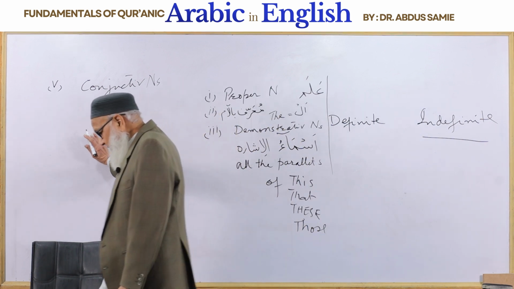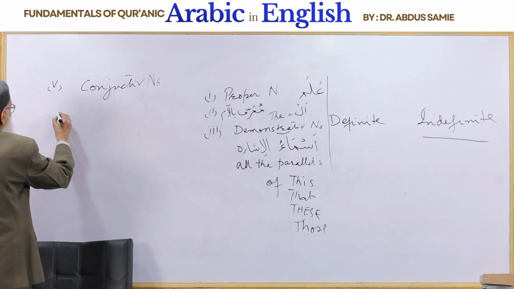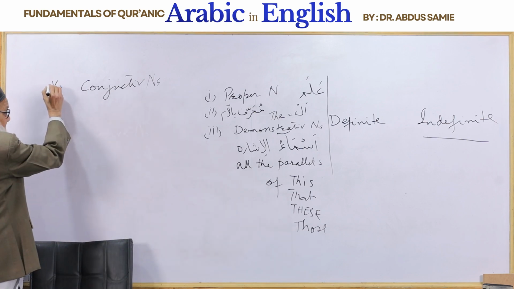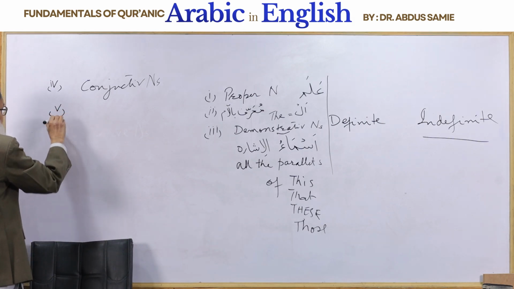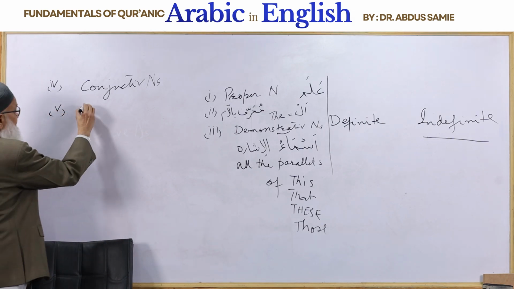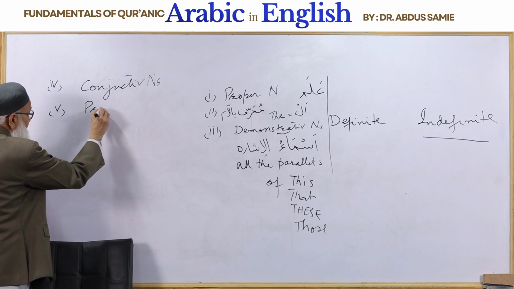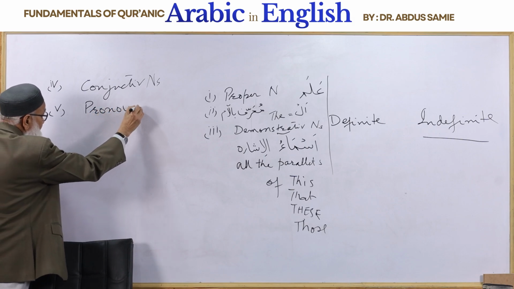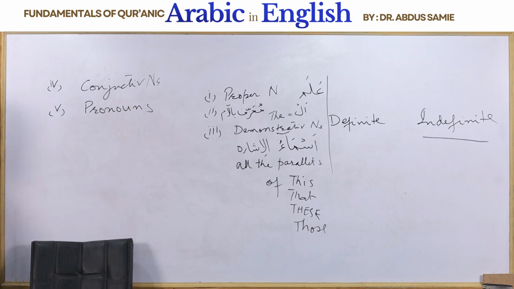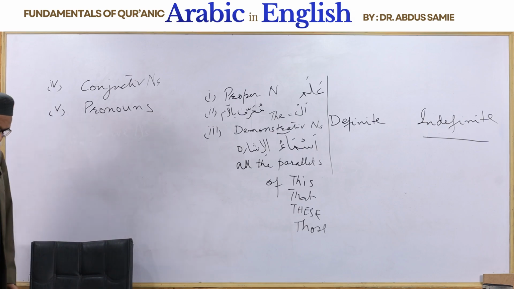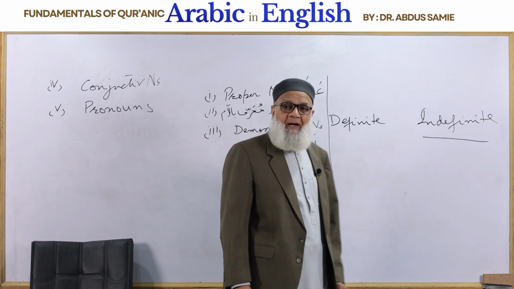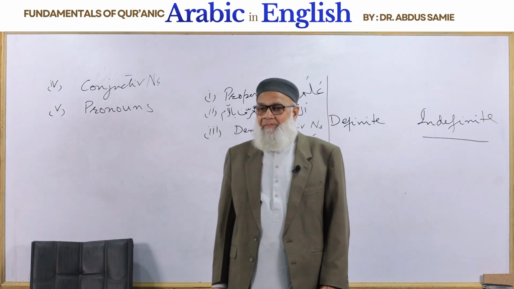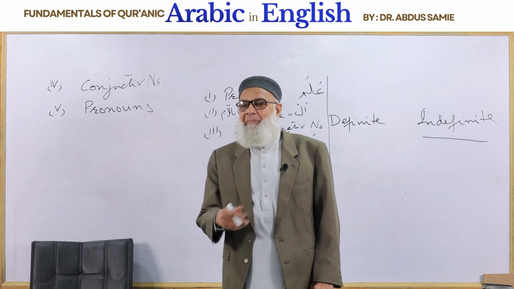Then number 6 is, that was number 4, sorry. Then number 5 is pronouns. Pronoun is a noun used instead of a noun. In English, actually, this is a separate part of speech.